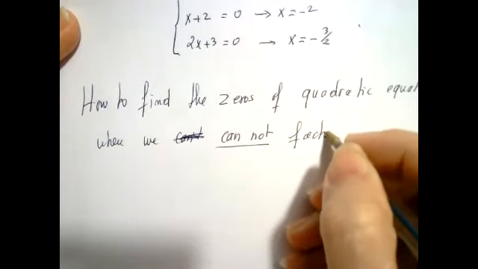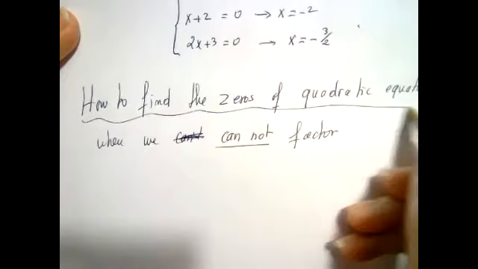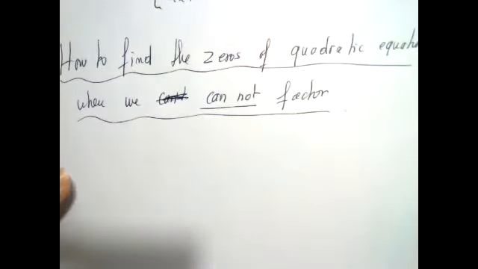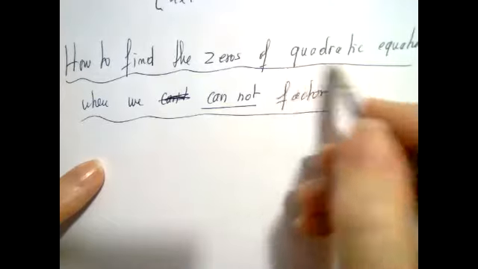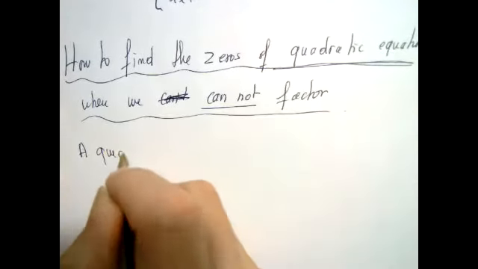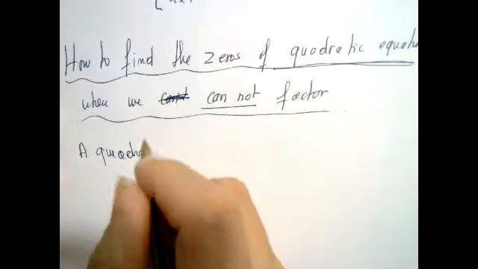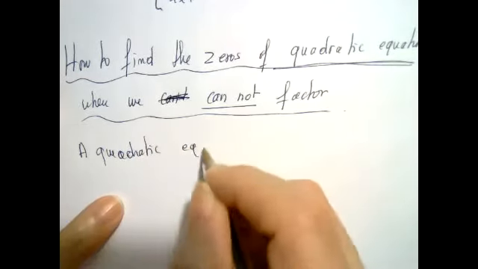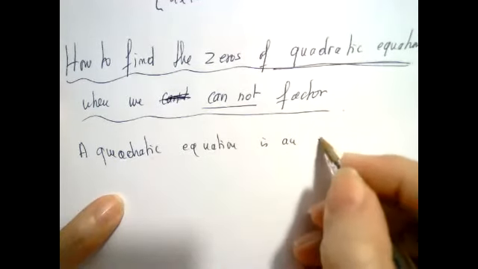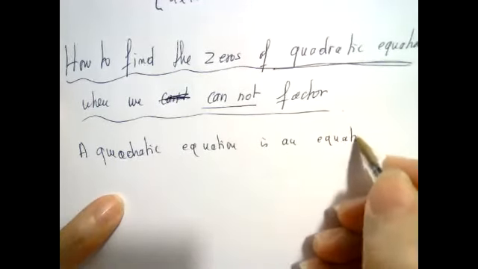If we can factor, we're great. But if we cannot factor, how can we do it? So first, what's a quadratic equation? A quadratic equation is an equation of the following form. That's a quadratic equation.